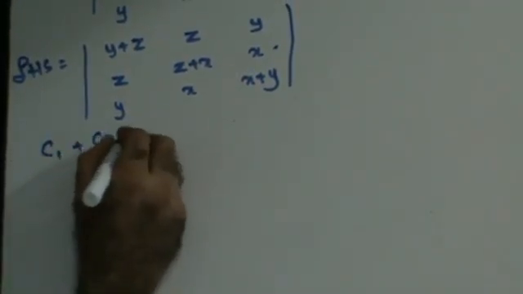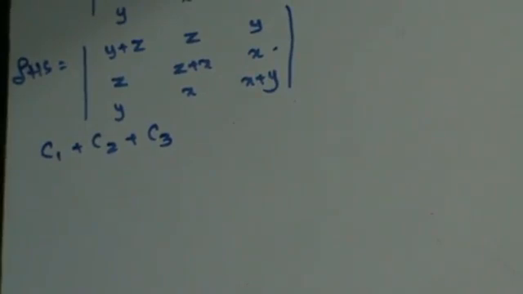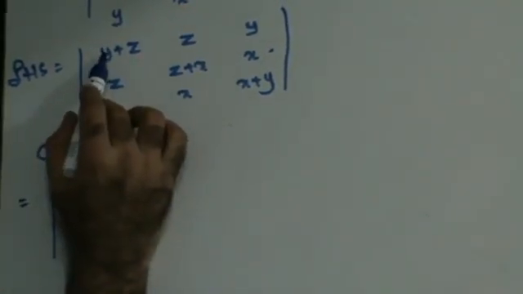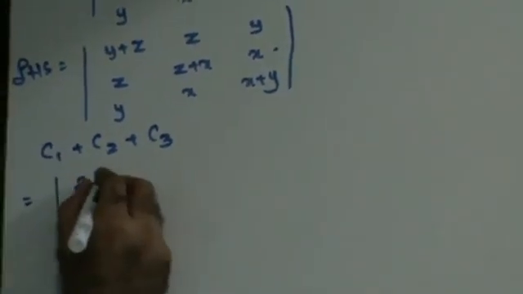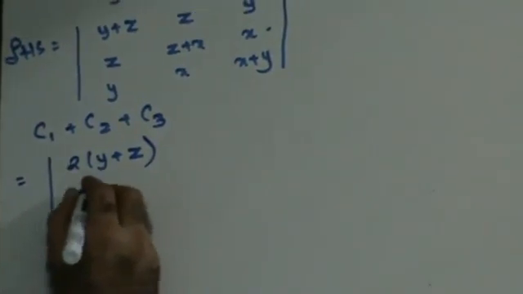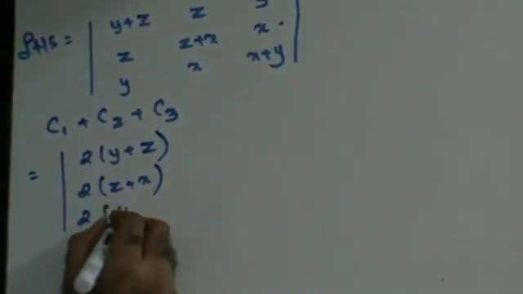Use C1 plus C2 plus C3, and I'll get common numbers. Y plus z plus z plus y means I'll get twice y plus z. Here again z plus z plus x plus x gives 2 times z plus x. Then y plus x plus x plus y will give you twice x plus y.